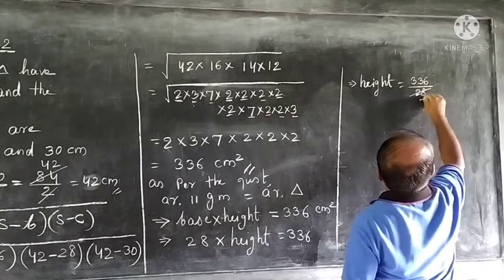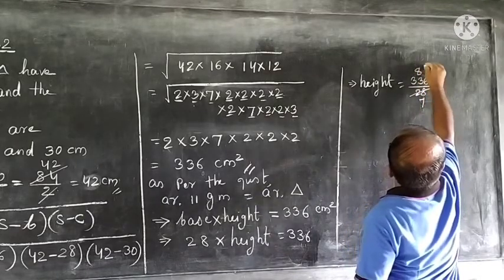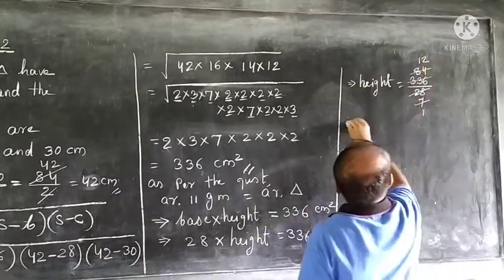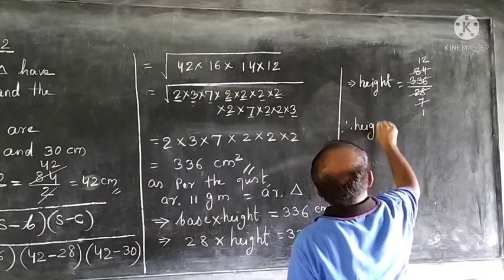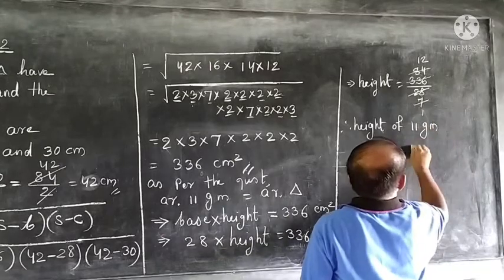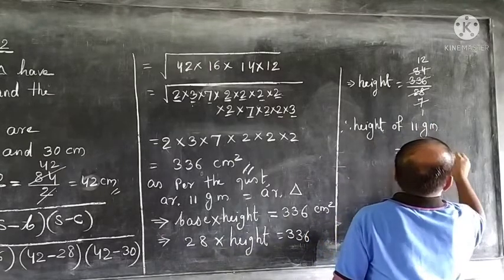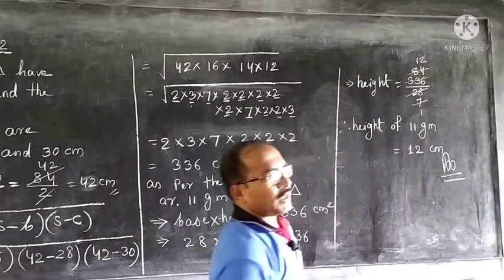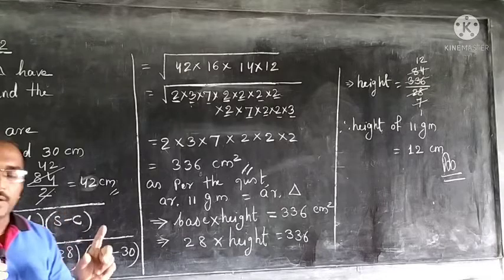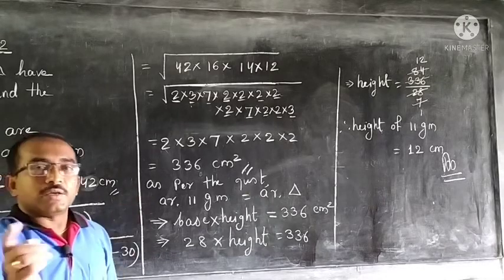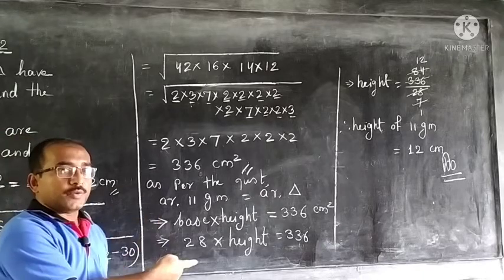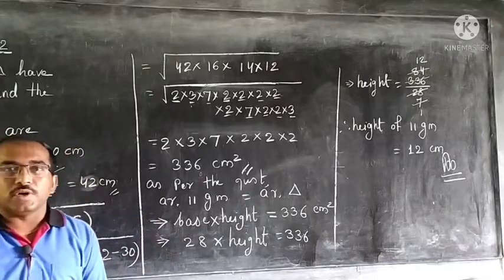By 4 we can cut: 4 8s are 32, 1 came here, 4 4s are 16... again by 7, 7 12s are 84. Therefore, the height of the parallelogram is 12 centimeter. It is an easy solution, we only need to understand what the question says. The question is saying the parallelogram and triangle have the same base and same area, and the base of the parallelogram is 28. Find the height of the parallelogram. Hope you have understood. Let us go now to question number 5.